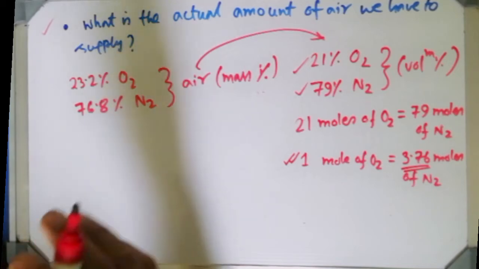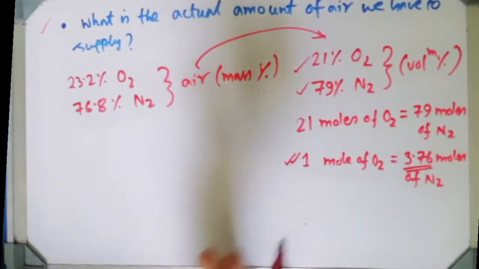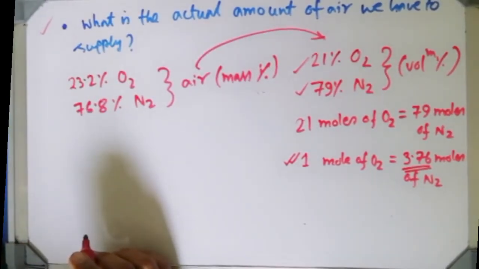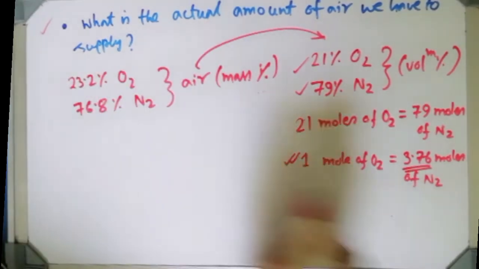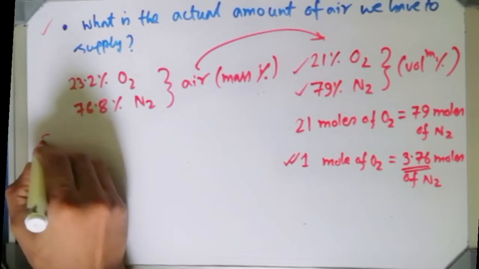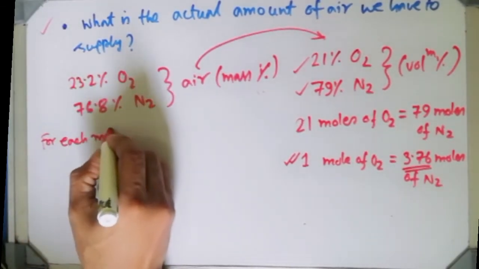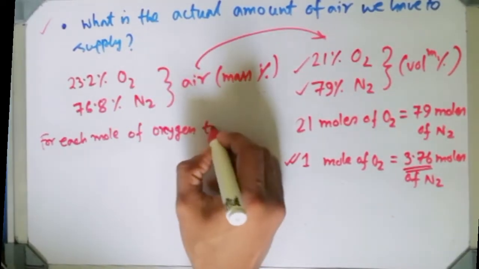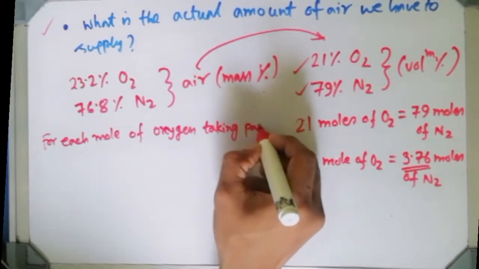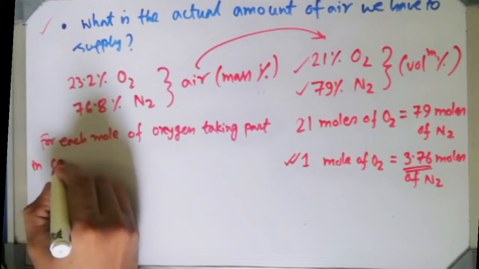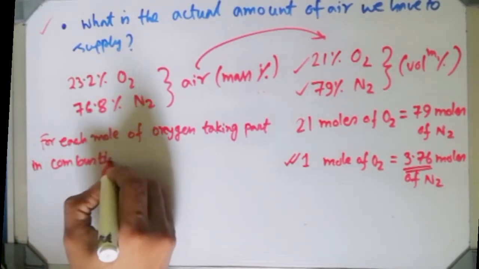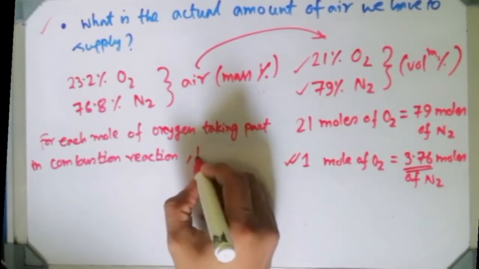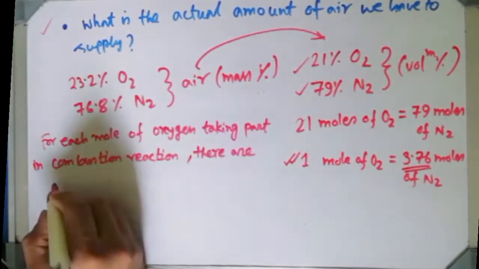I can write it like this: for each mole of oxygen taking part in a combustion reaction, these 3.76 moles of nitrogen will always be there.